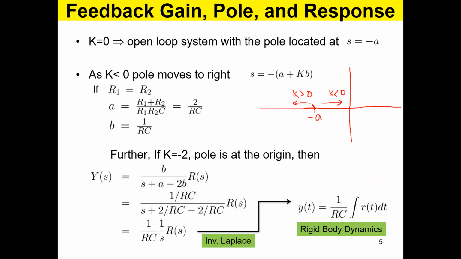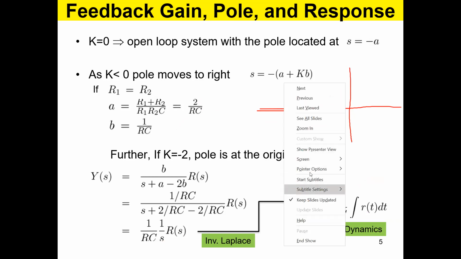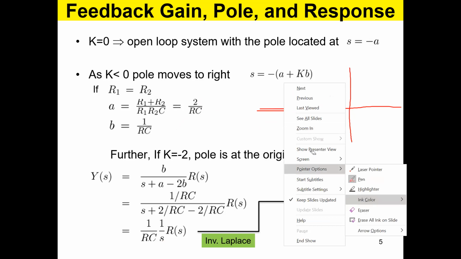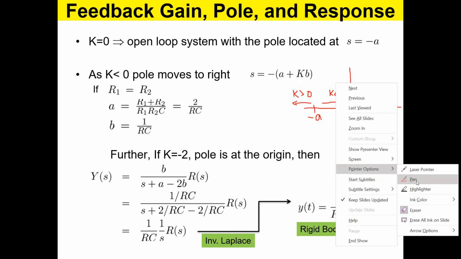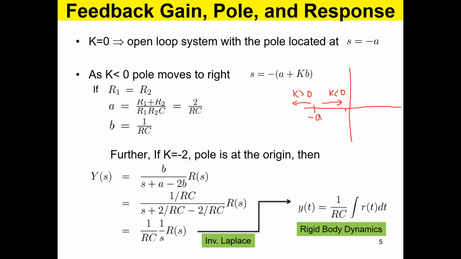The pole was here. Now it is over here, when k equals -2.